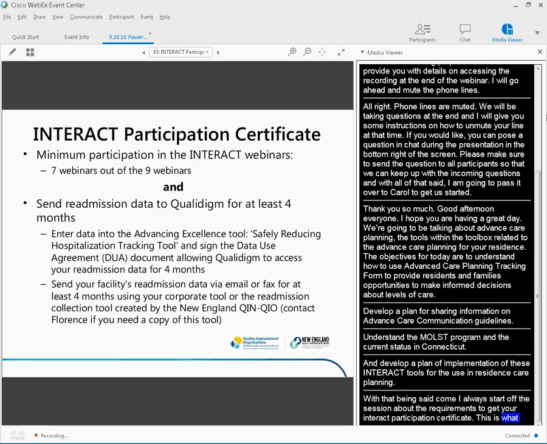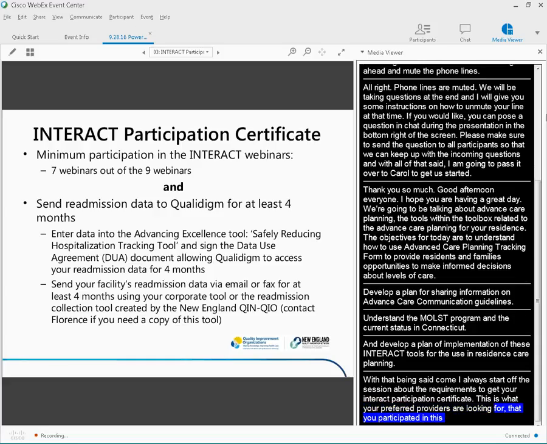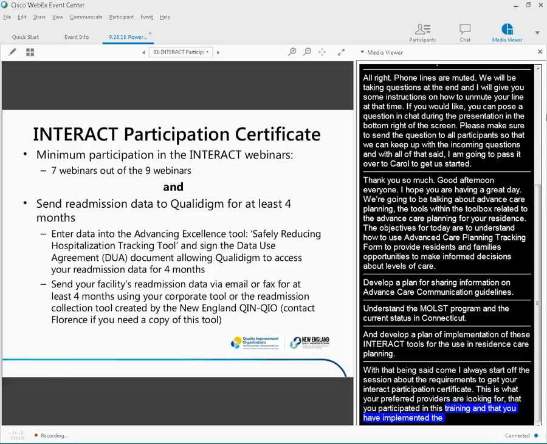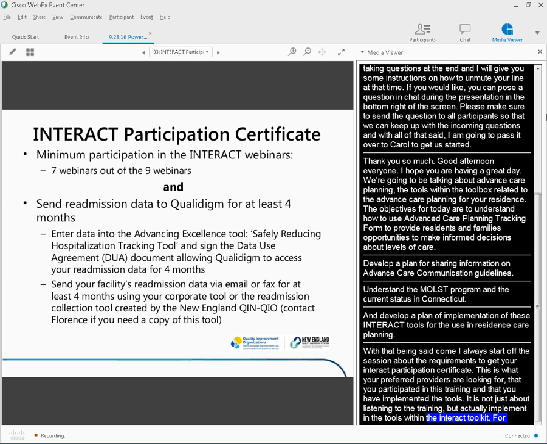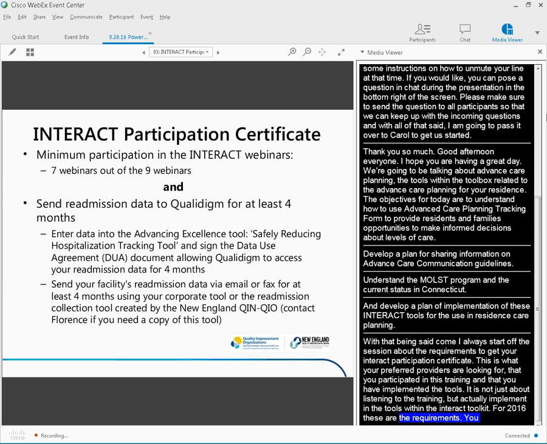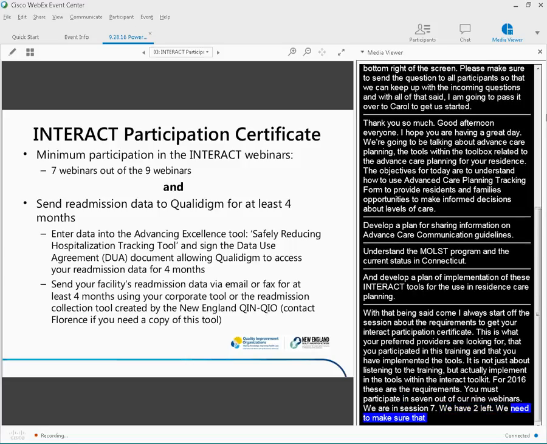It's not just about listening to the training, but actually implementing the tools within the Interact toolkit. So, for 2016, these are the requirements. You must participate in 7 out of our 9 webinars. We are in session 7, so we have 2 left.